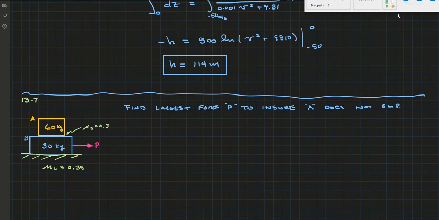We can solve this problem purely with kinetics. Let's start with a free body diagram of A. And here we have the weight, which is 60 times 9.81.